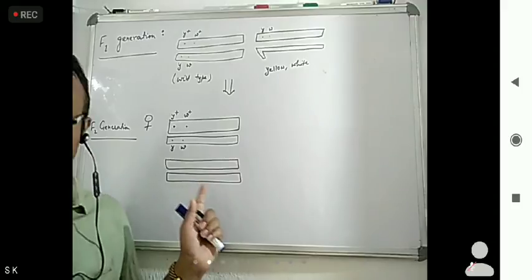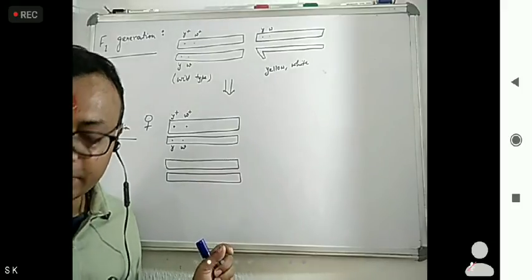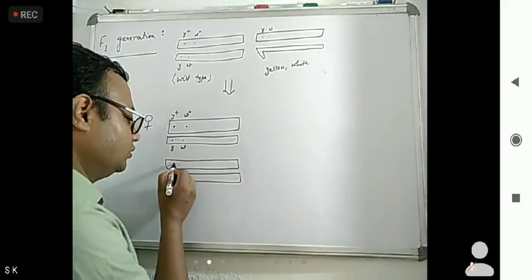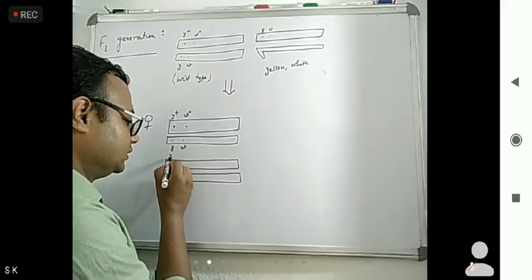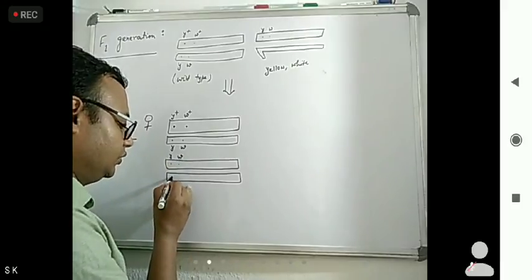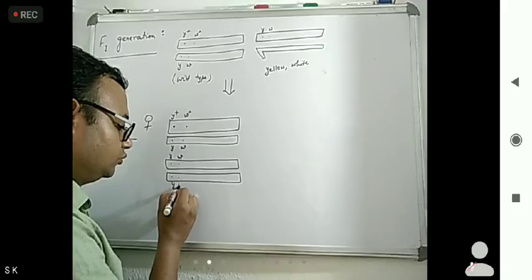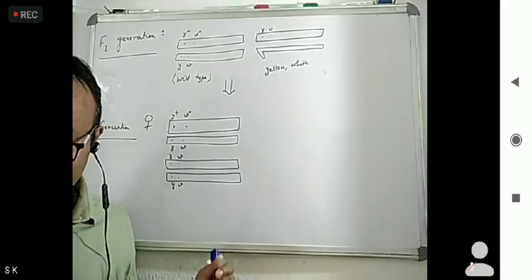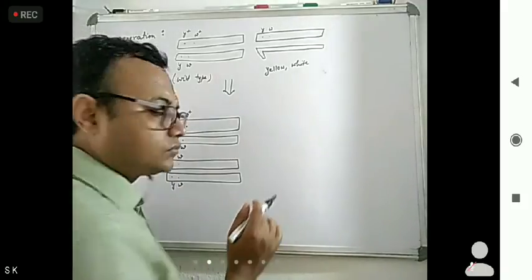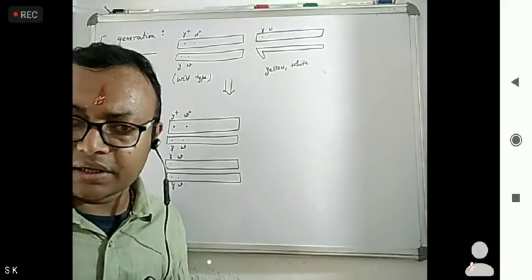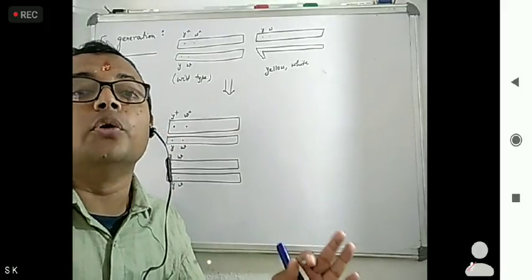Then another one was Y W, that parental character. Y W. Here also, their homologous chromosome, Y W. Then another came, a recombinant type.